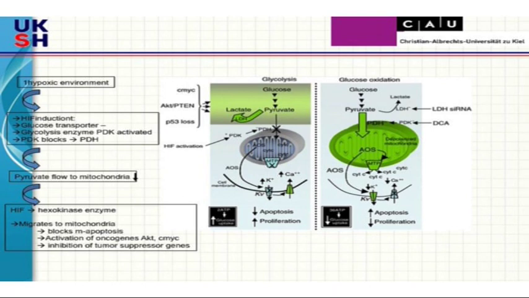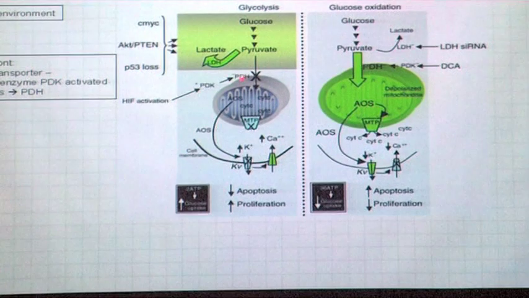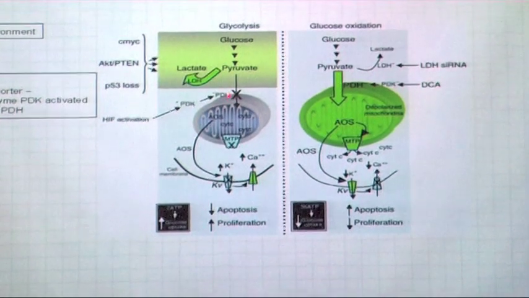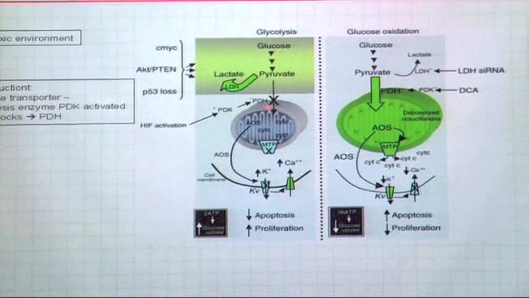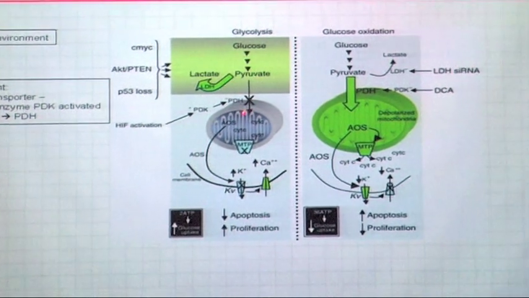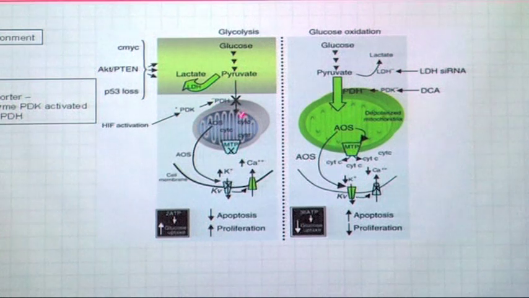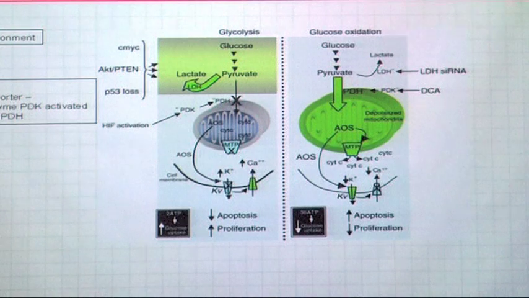This factor can impact the glucose transporter. It will bring more glucose into the tumor cell, and it activates an enzyme, pyruvate dehydrogenase kinase, which blocks the PDH. So this factor contributes to inhibition of the normal metabolic pathway, and at this time you don't build pyruvate, but the tumor cell just converts to lactate.